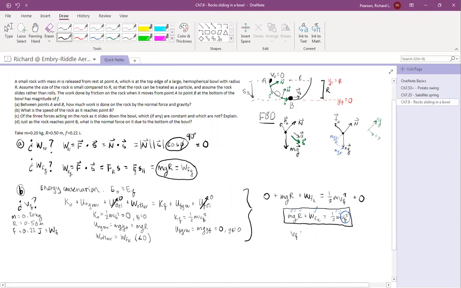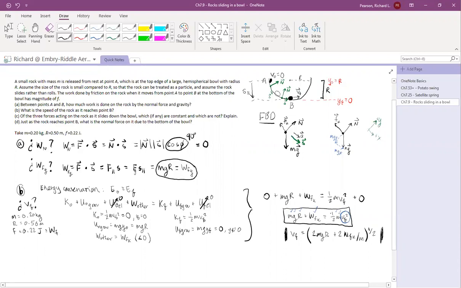Our final velocity is equal to the square root of the quantity 2mgr plus 2 times the work of kinetic friction, divided by m, because that m should go away. And so we can plug those values in to get our final velocity here. That helps us identify what's going on.